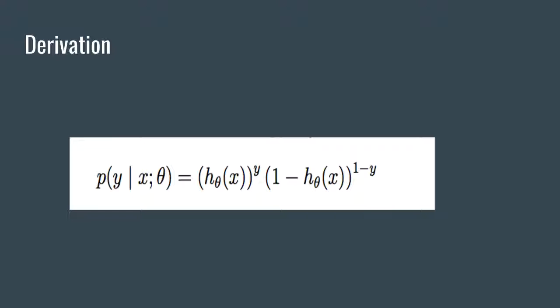Similarly, when y is 0, we have h theta of x to the 0 times 1 minus h theta of x to the 1.